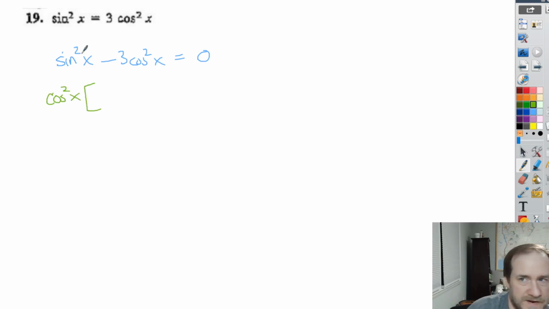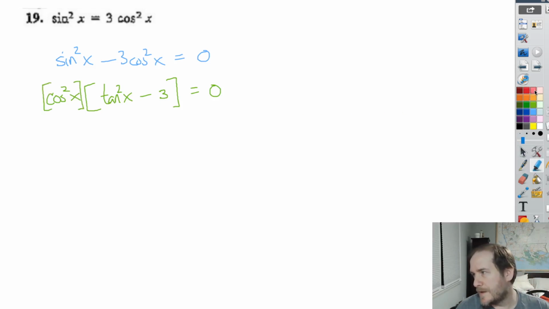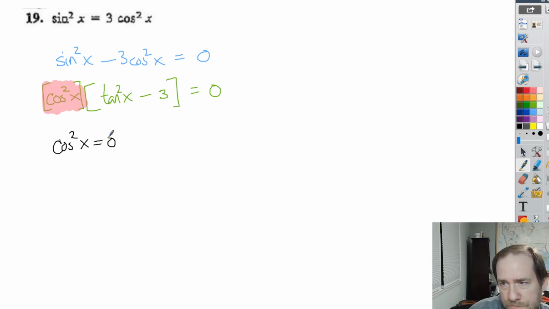And if I factor that out, I generate the same sine over cosine, which I can just treat as tan squared. And here I'm left with a 3. So I've got my two factors. All right, again, time to have that talk. So by not dividing away the cosine, I now still have cosine as a factor. It's cosine squared, and it equals 0.